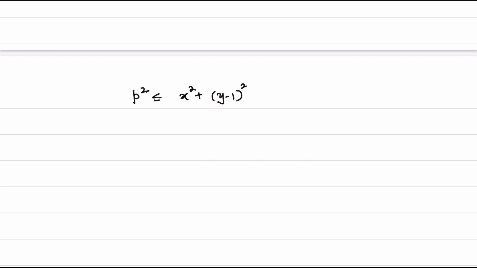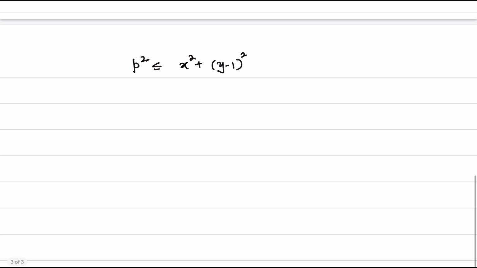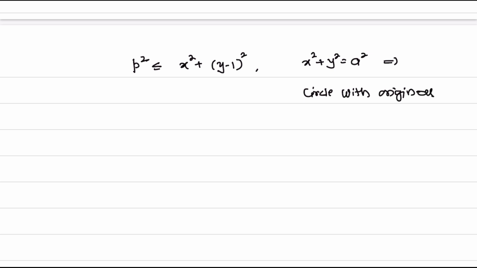What is the form of this equation? X square plus y square is equal to a square. This is a circle with origin as center and a as radius.